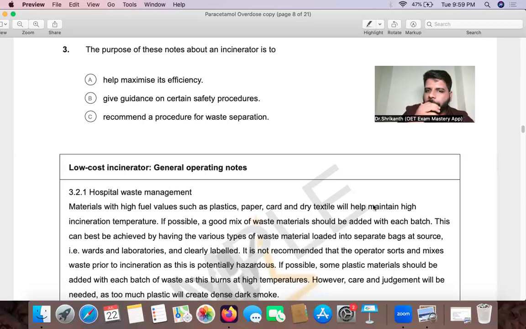This is actually a very tough question, not very easy. I'll give you 10 more seconds.